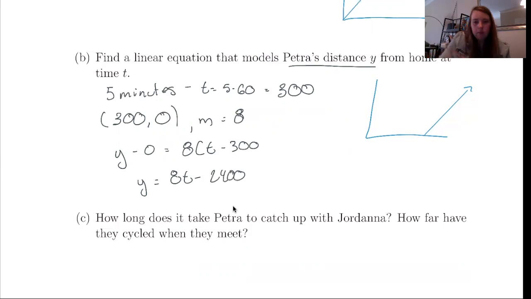Let me make sure that's right. Okay, good. Alrighty. So even though obviously she's not ever that far away from home, we're just modeling it, right? This line would keep going down and down and finally intersect the y axis there, but we know that she actually doesn't, but this just models when she leaves, okay?